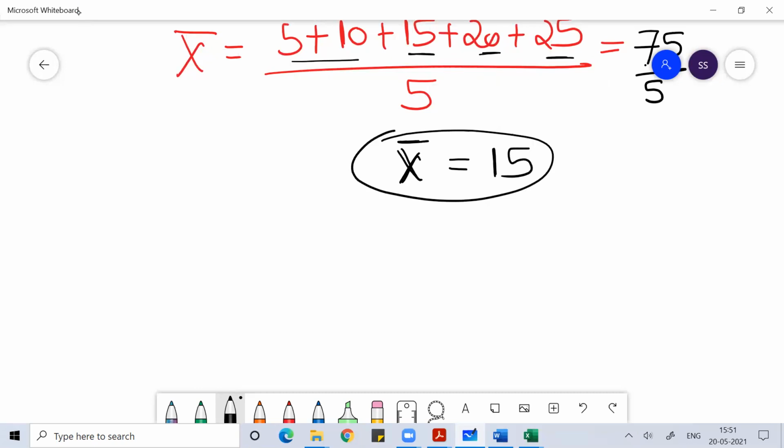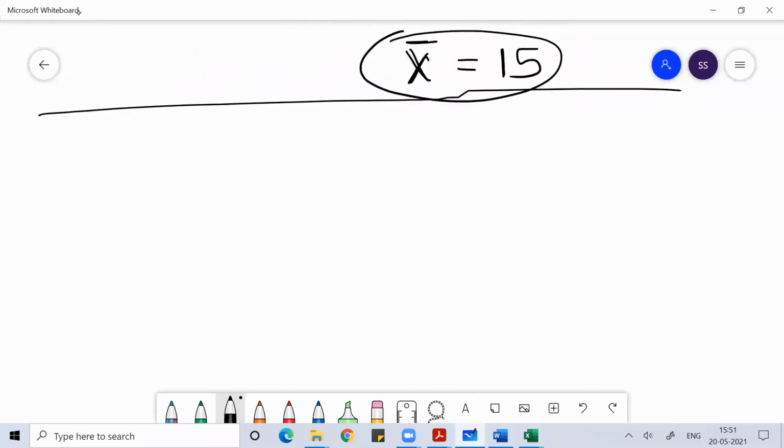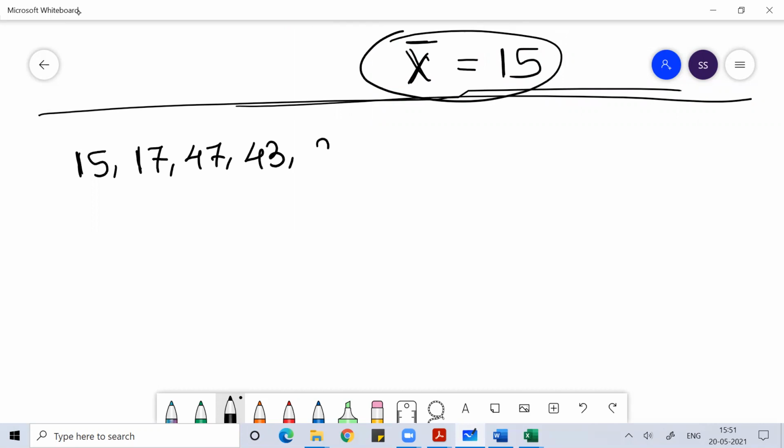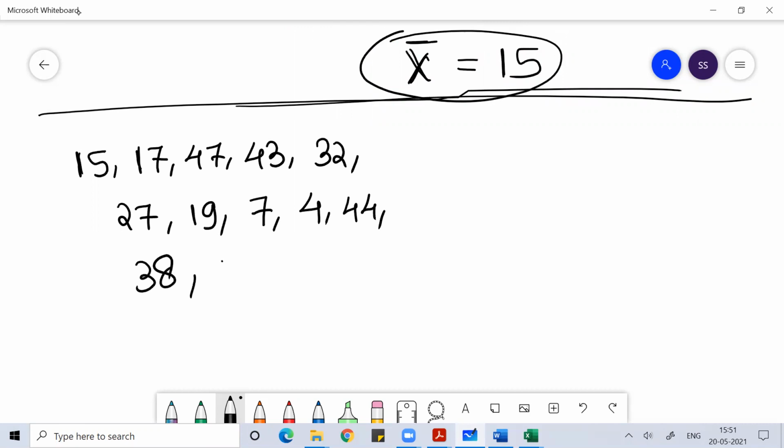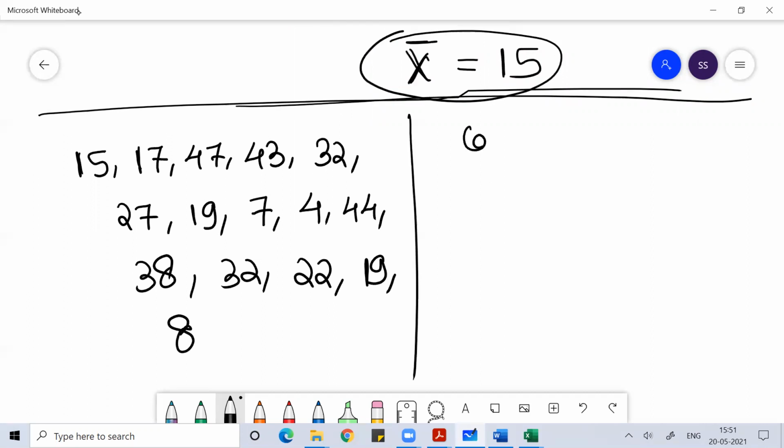Imagine when you have a lot of data, like 15, 17, 47, 43, 32, 27, 19, 7, 4, 44, 38, 32, 22, 19, 8, something like this. You have this much data, and I ask you to calculate the arithmetic mean of this data.